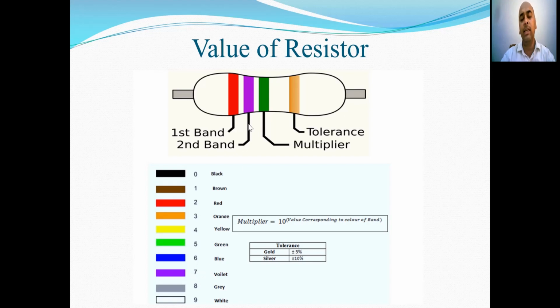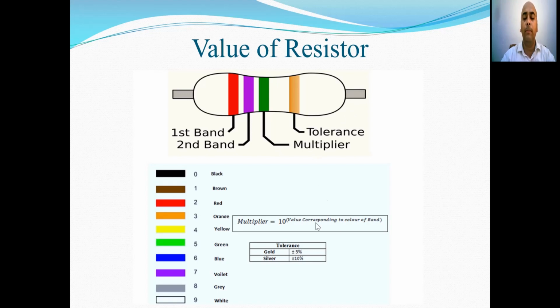So the first two bands indicate 27. The third band indicates the multiplier of 10. So green here corresponds to 5. So the value of this resistance is 27 multiplied by 10 raised to power 5 ohms.